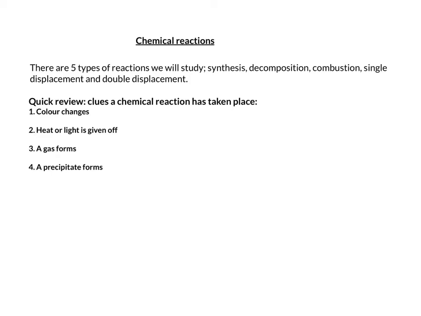Clues that a chemical reaction has taken place or a chemical change has taken place. You see a color change. Heat or light is given off. A gas forms. You might know this because you see bubbles in a liquid, or you notice a change in odor.